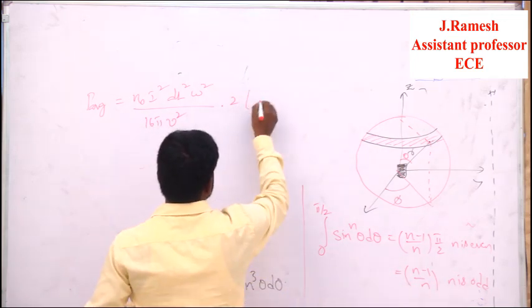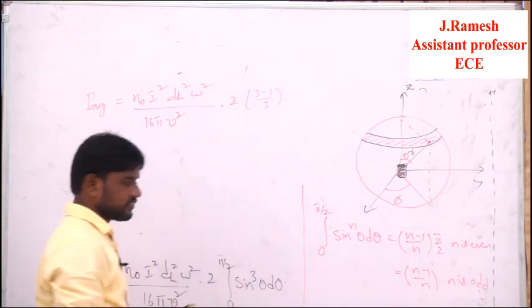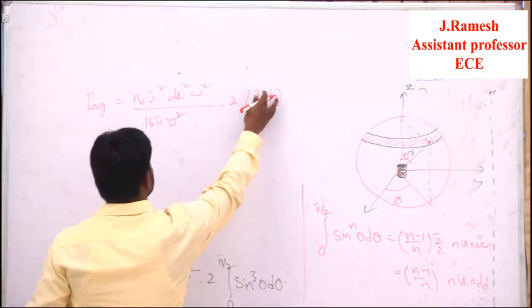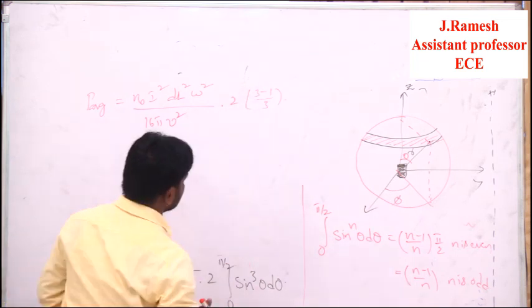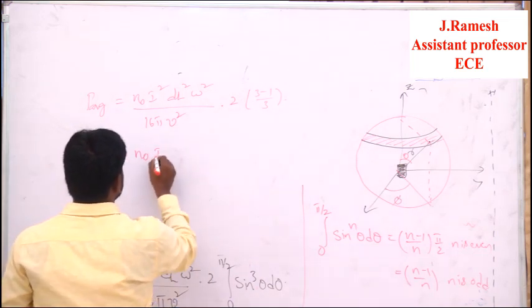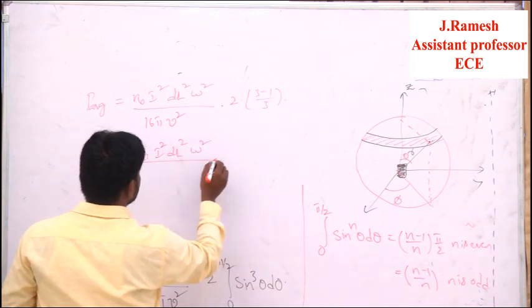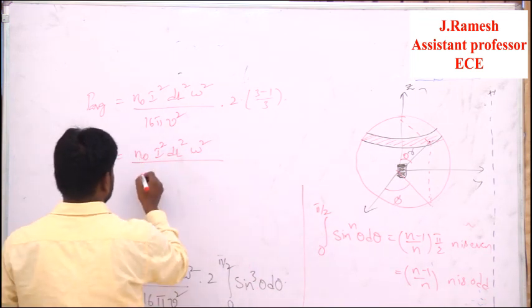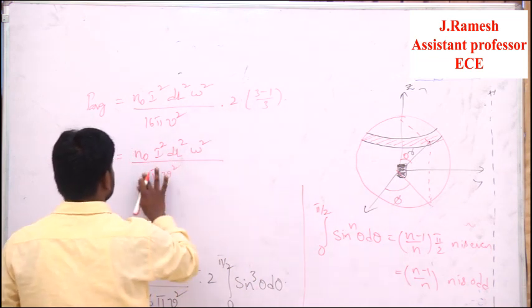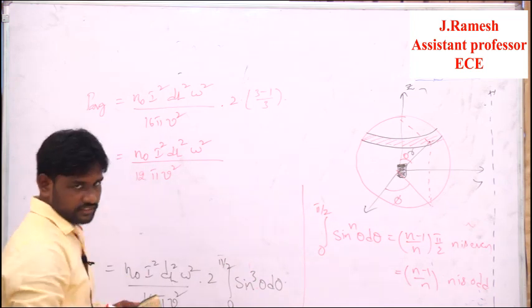So what is n−1 here? 3−1 by 3, that is the answer for this integration. So here 2 into 2, 4, and 4 will get cancelled. So my answer is η₀ I² dl² ω² / (4π v²) into 3 also there. So 4 into 3 I will get.